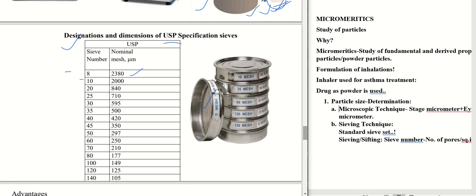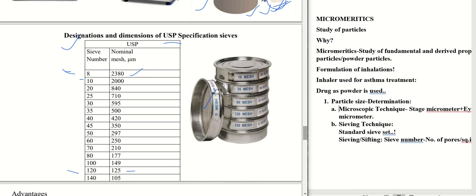When we look carefully, because of the greater pore size, the particles retained on the larger mesh would of course be larger in size. The particles retained on the very fine mesh would of course be very fine in size.